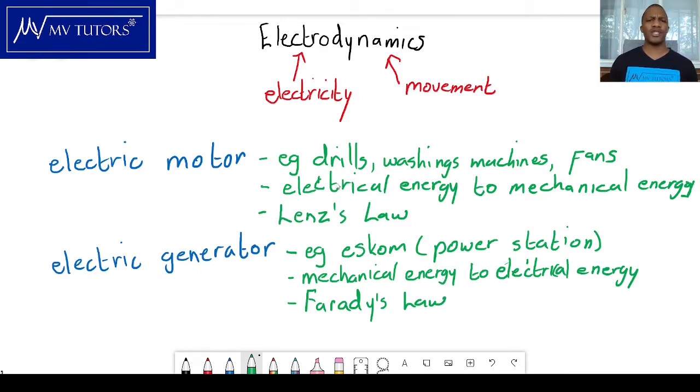So these are the two instruments, or two parameters, that we need to talk about in electrodynamics. Of course, there's always more that we can talk about, but for the purposes of matric, this is all you have to know. Okay, so let's move on swiftly.